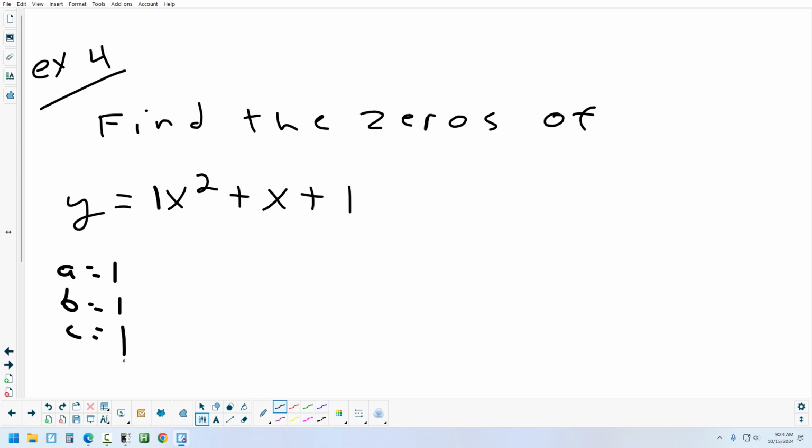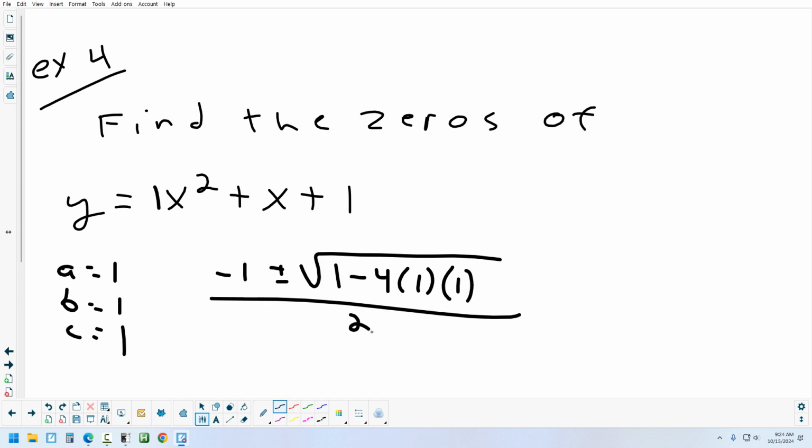So we're going to fill those into quadratic formula and see what we get. I already wrote the formula when we were reviewing, so I'm just going to plug into it. Negative B plus or minus the square root of B squared minus 4AC, all over 2A. So that gives me negative 1 plus or minus, what's going to be under the square root?